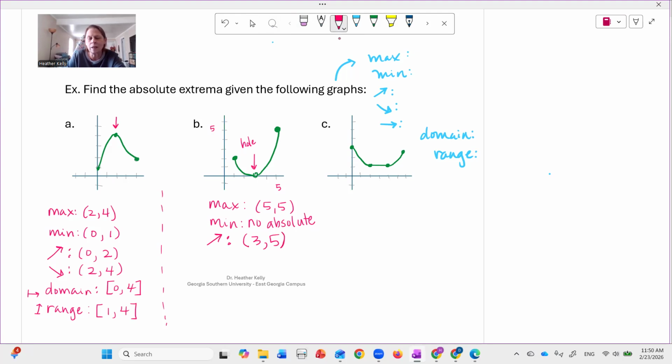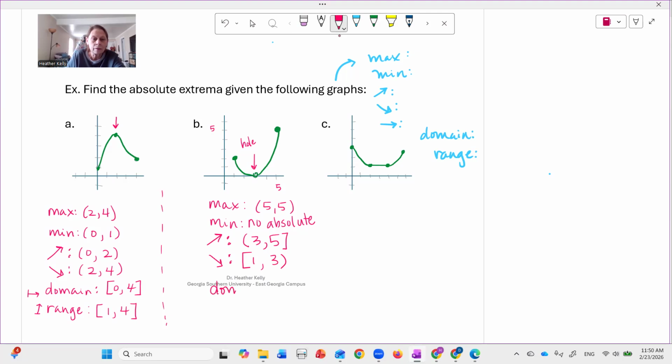I don't know on increasing and decreasing intervals, except for when there's an endpoint. No, I'm going to stick with what I know. When there's an endpoint, you got to put that, okay? Decreasing, that starts at 1 and goes to 3.